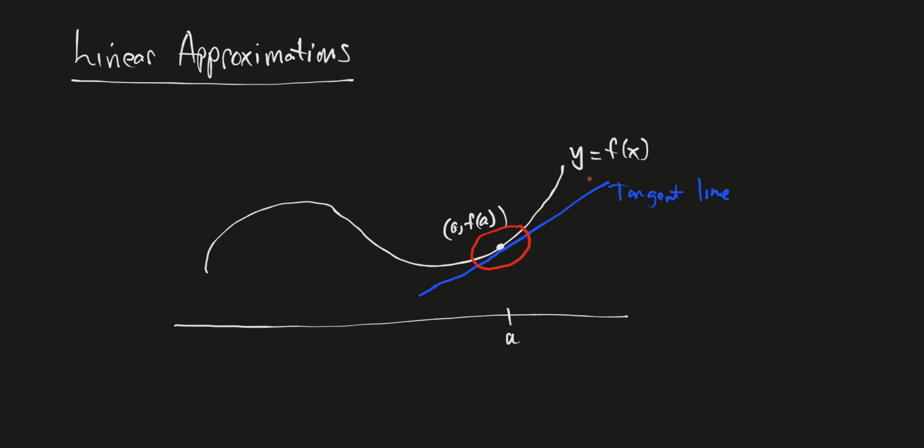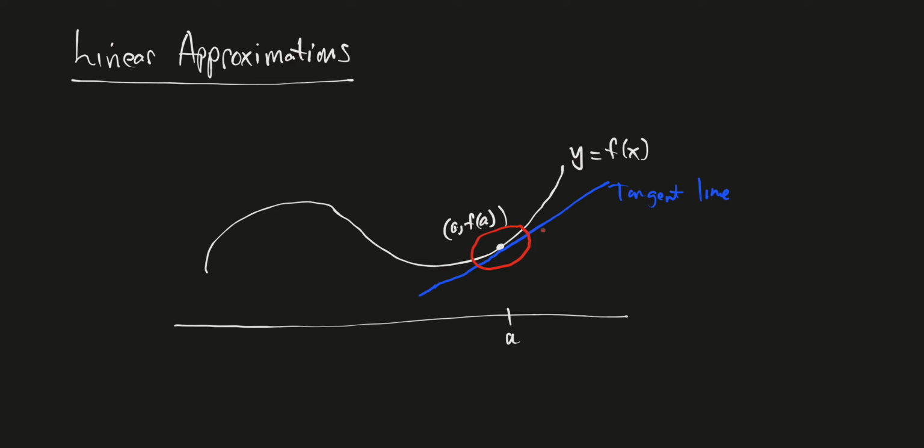Like for instance, 3.14 is an approximation of the number pi, or 2.71 is an approximation of the number e, or 1.41 is an approximation of the square root of 2. But now what we're saying with this concept of a tangent line is that we can approximate a non-linear function with a linear function, right?